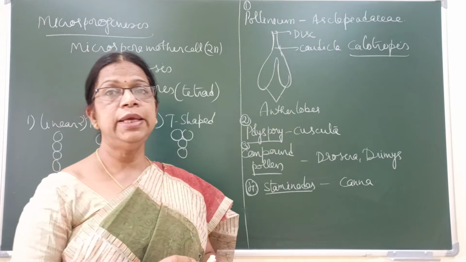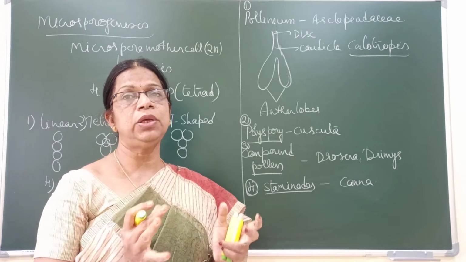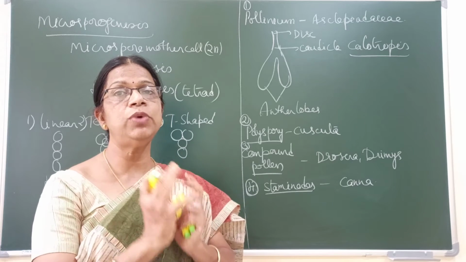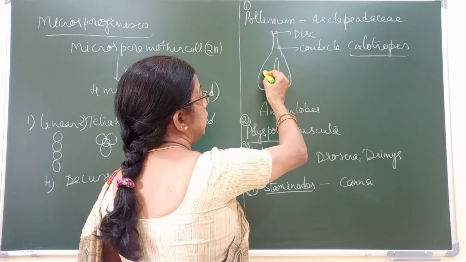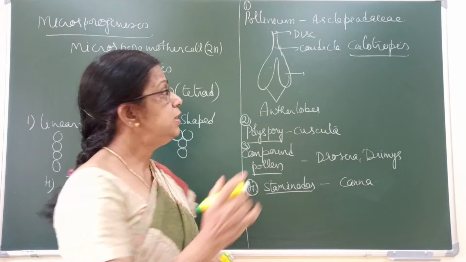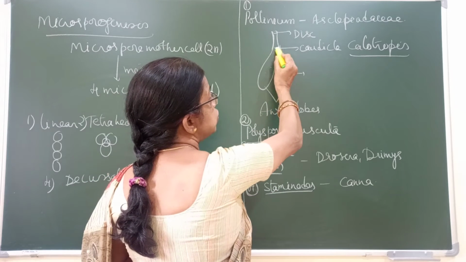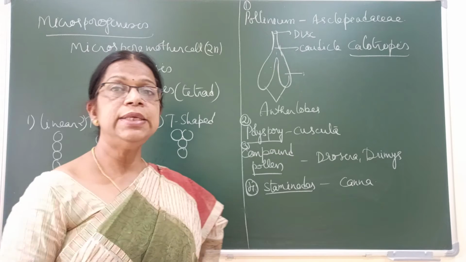In pollinium formation, all pollen grains from both the anther lobes collect and form one structure. This is called a pollinium. This is one anther lobe, this is another anther lobe, and these are connected to each other by a stalk-like structure called caudicle, and the disc is formed. The disc is sticky.